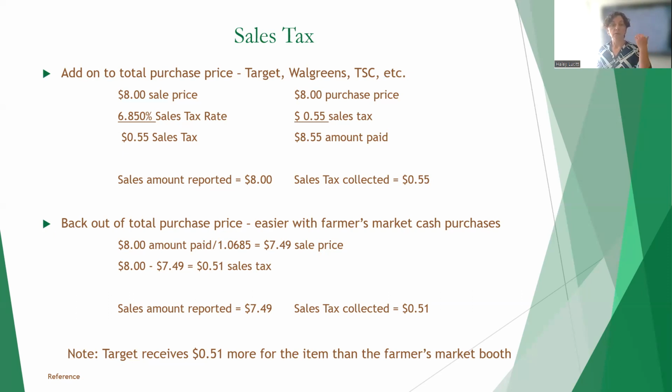If you have the $8 sales price, then you're going to have 55 cents sales tax. If you back that out, you're only going to be able to keep the $7.45. But if you add it on, you're going to be able to keep the $8. So it is a way to make a little bit more money, particularly if you have high sales volume, it can add up.